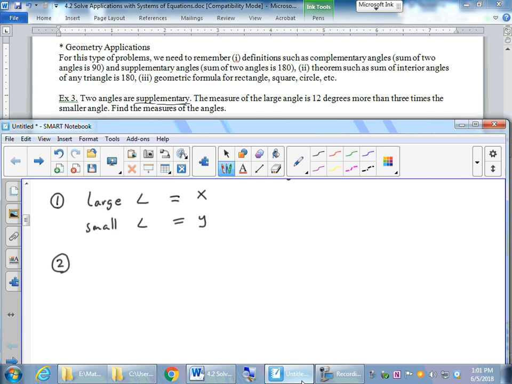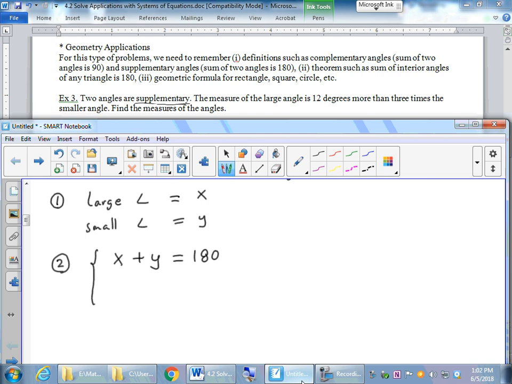So since these two angles are supplementary angles, right away, only if you remember the definitions, then I can say that my first equation will be the measurement of a large angle plus the measurement of small angle will be equal to 180 degree. If you don't remember the definition, then you cannot set it up the equation like this. Okay, so it's important to remember the theorems, definitions, formulas for these type of problem.